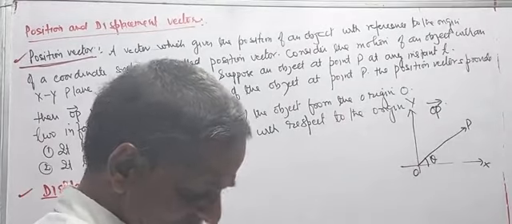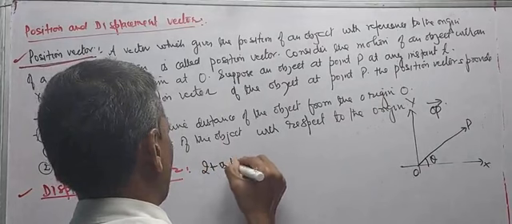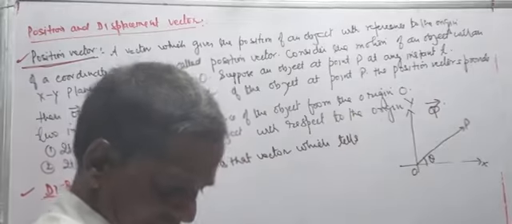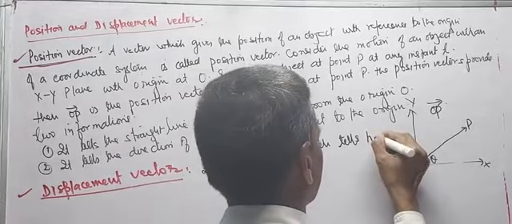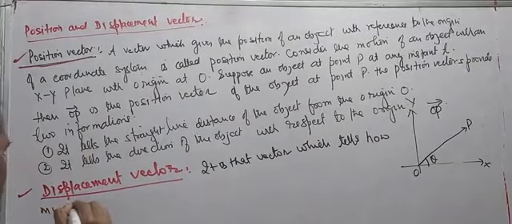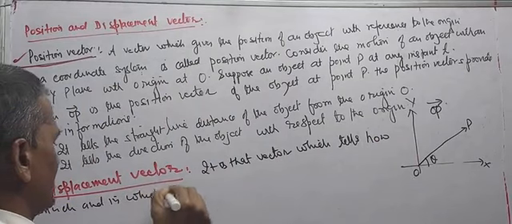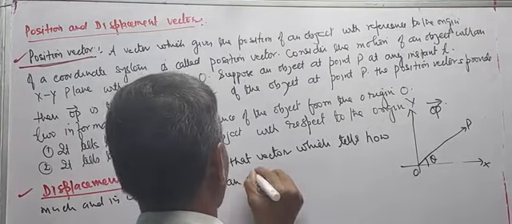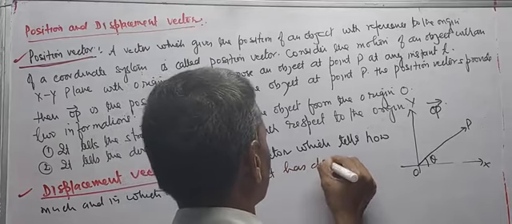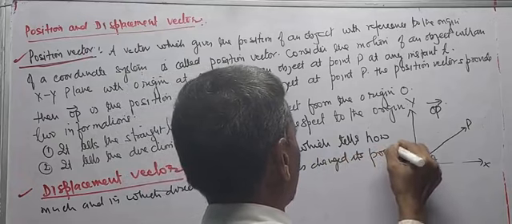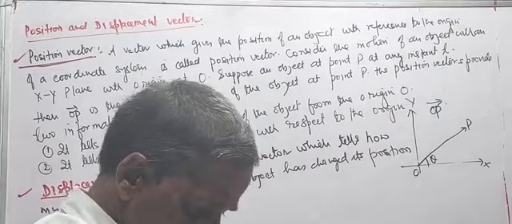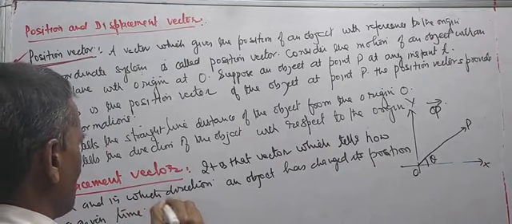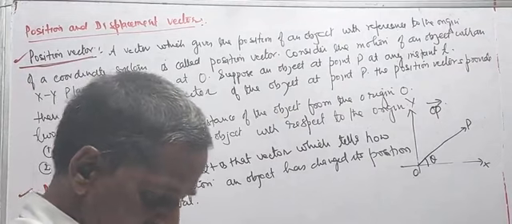It is that vector which tells how much and in which direction an object has changed its position in a given time interval.